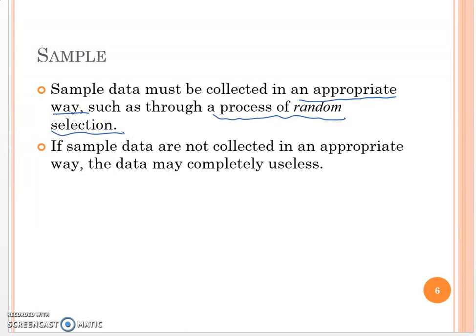We're trying to avoid any methods that can make sample data biased, which cannot reflect the population in a good way. So if sample data are not collected in an appropriate way, the data may be completely useless.